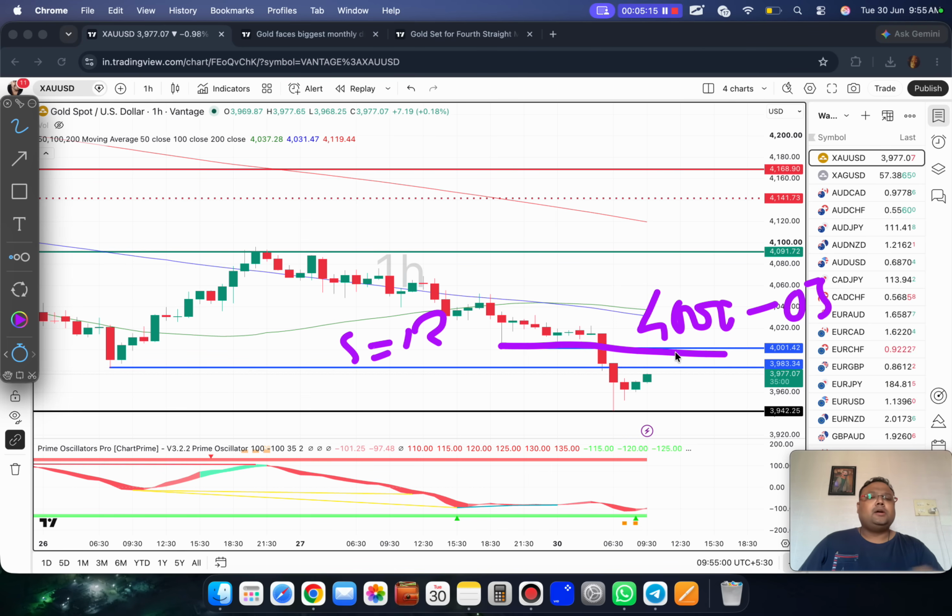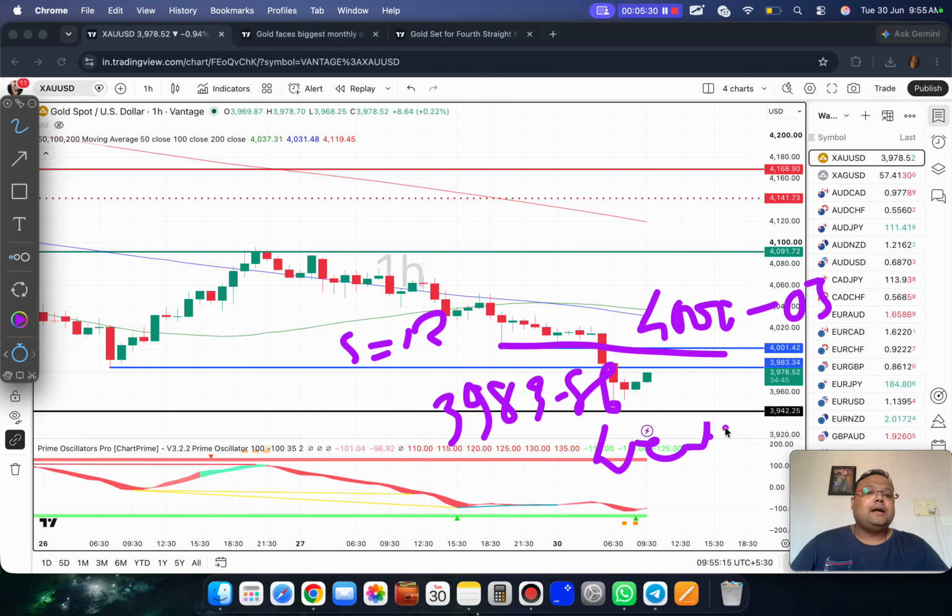In the WhatsApp group, I also mentioned another level, which is 3983, 3986. This is another level where you can look for a sell position, but keep in mind 3983, 3986 is a weak level, and right now, as we can clearly see on the chart, there is a possibility that market will break 3983, 3986.